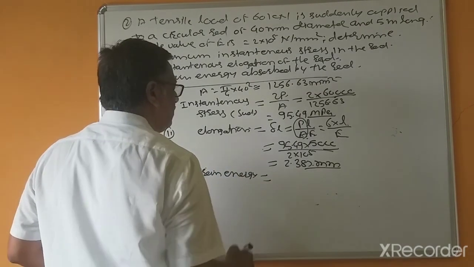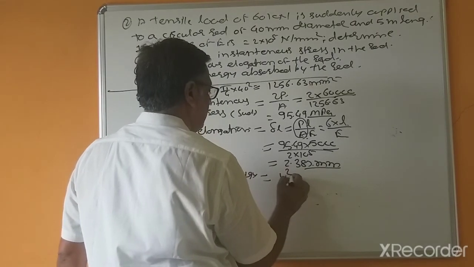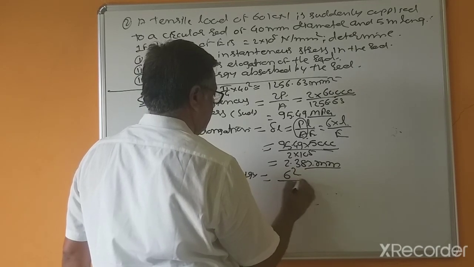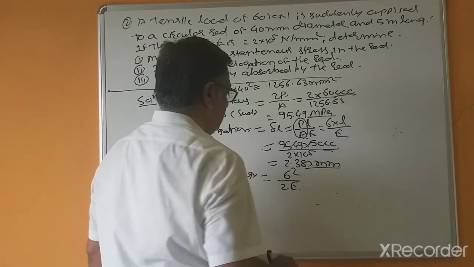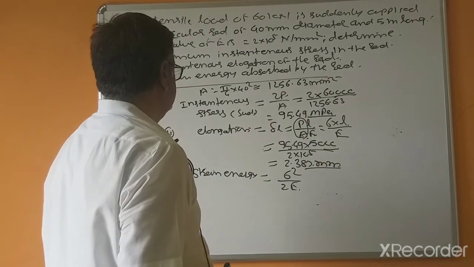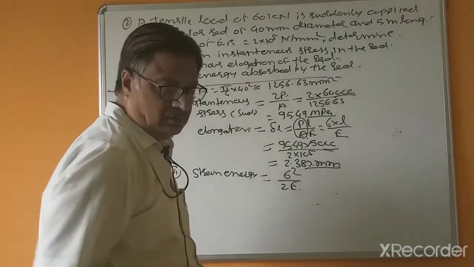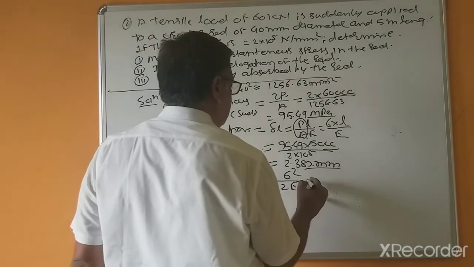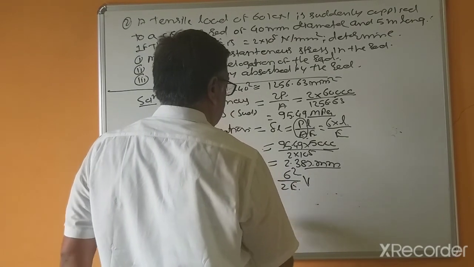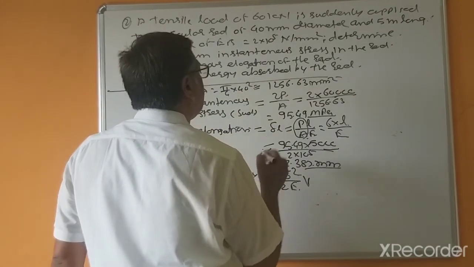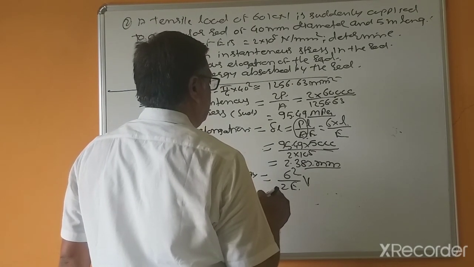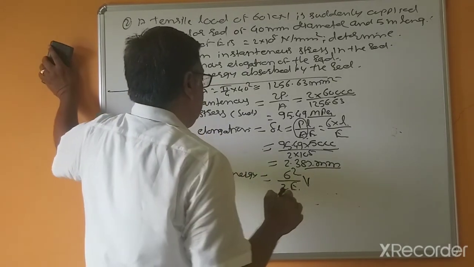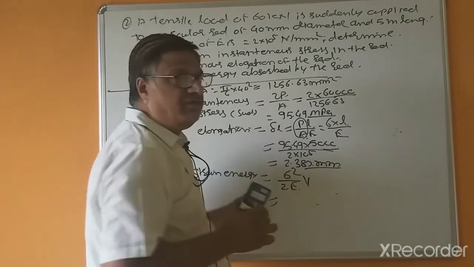And last, strain energy. What is the formula? Strain energy equals sigma squared divided by 2E multiplied by V. You may be confused here about the unit.